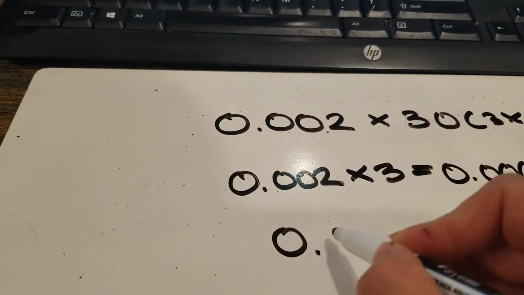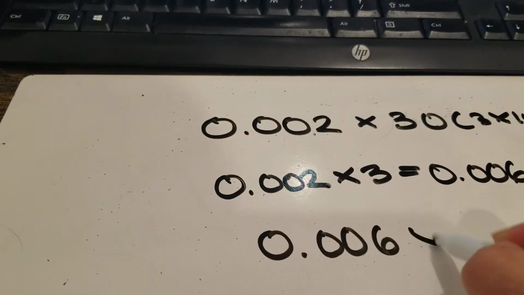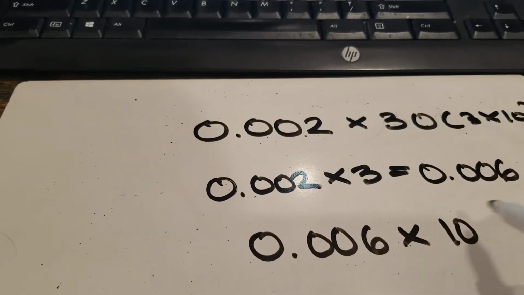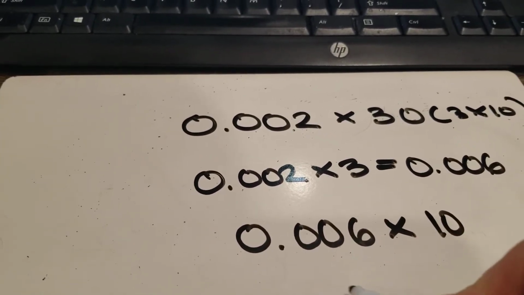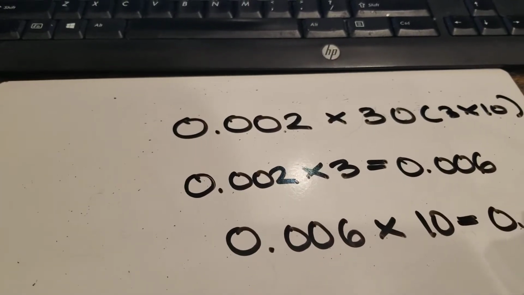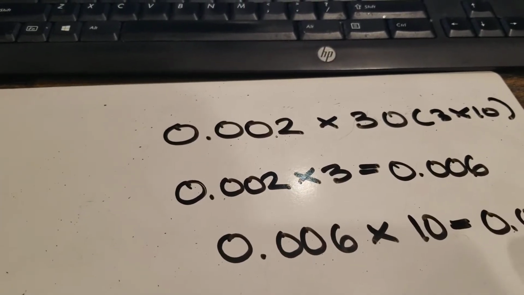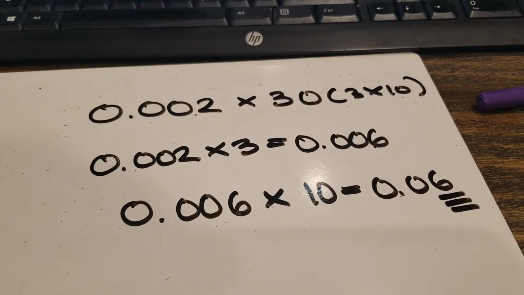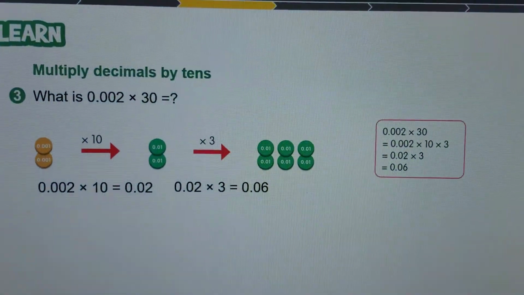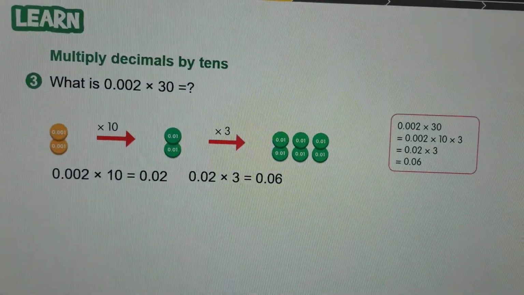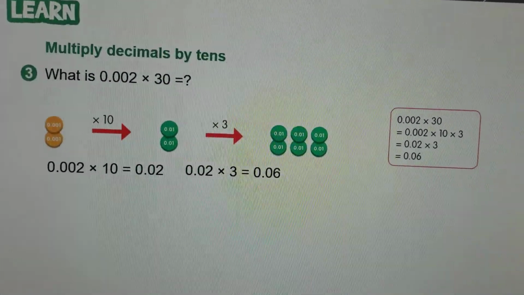And then 6/1000ths times 10, it moves over 1 decimal place, becomes 600/1000ths. Okay, so that's what we see they got with their other method. Doesn't matter if you multiply times 3 first or times 10 first, right?